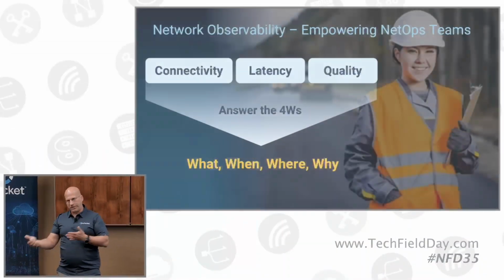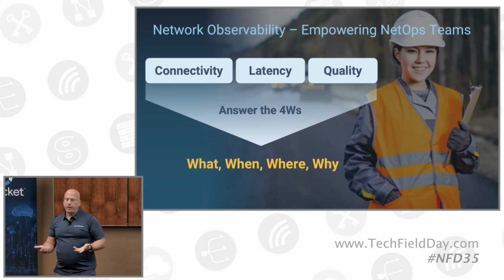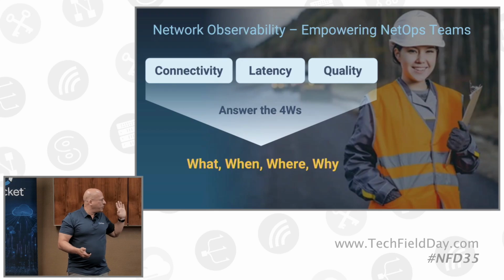The challenge is, there are many things that you can measure on the network, and at the end of the day, what you need to do is root cause the issue. Root cause is about the 4Ws. What happened? When did it happen, which is not always trivial? Where in the network? Was it the server, the firewall, somewhere in between, the middlebox, the endpoint? And then why? I'll say right away that we know very well how to do what, when, where.